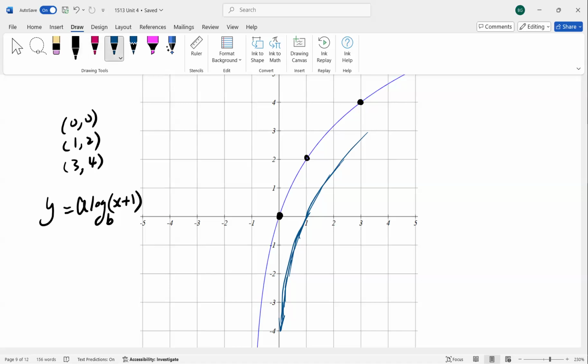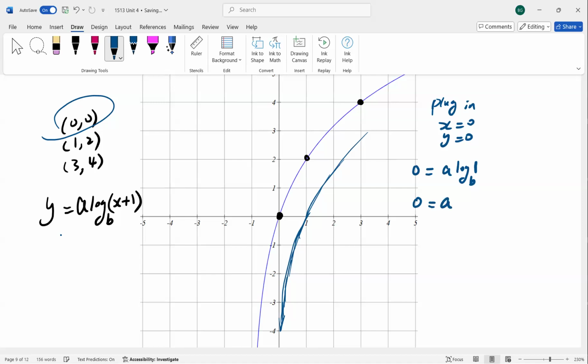Let's try (0, 0). Plugging in x is 0, y is 0, then we have 0 equals a log with base b of x plus 1, which is 1. And log with base b of 1 is going to be 0, because only b to the power of 0 gives 1, the argument.